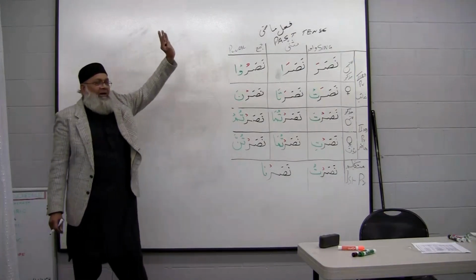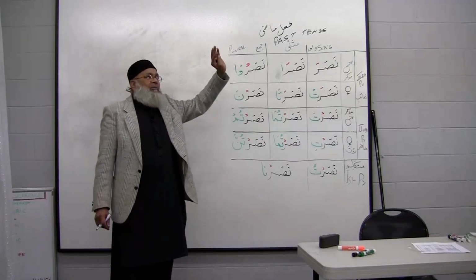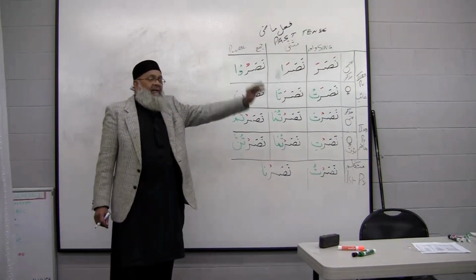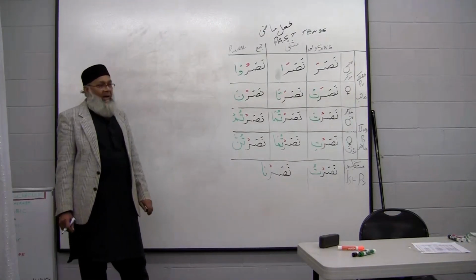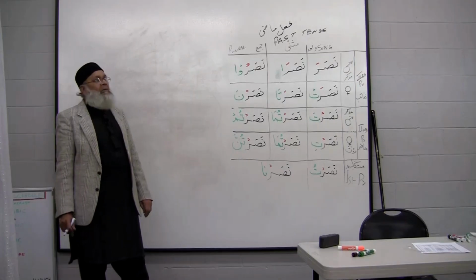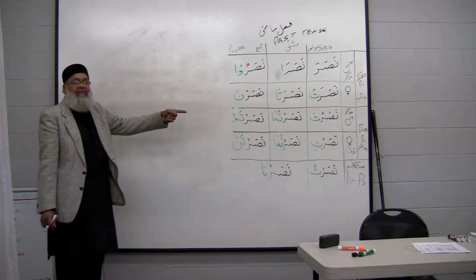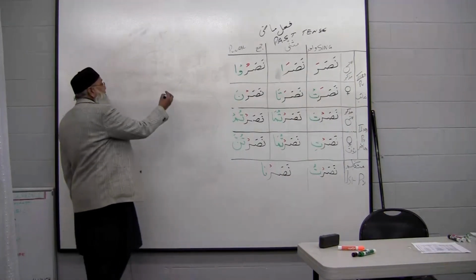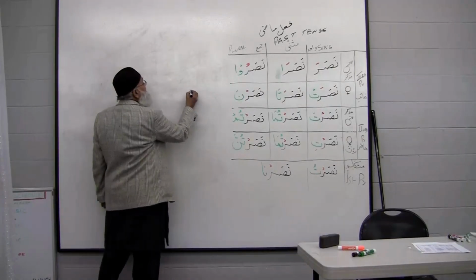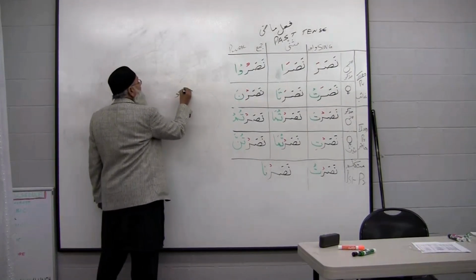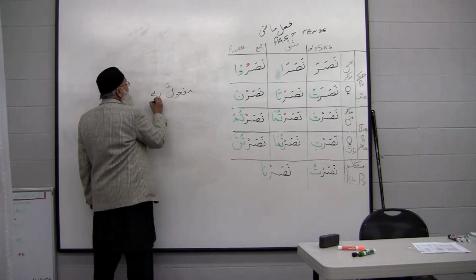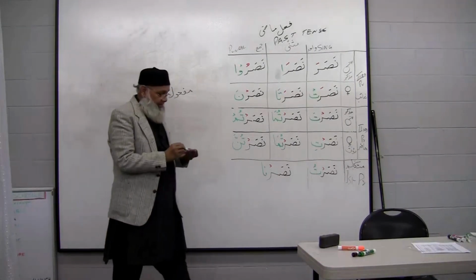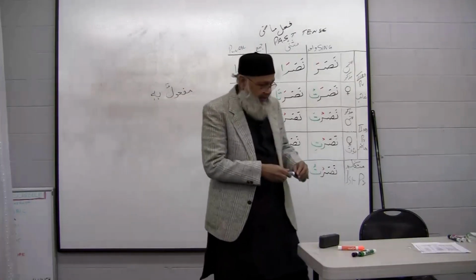So first mansoob was the ism or the mubtada of inna, anna, kanna, then the khabar of ma, kana and ma family, and now the third one is called maf'ulun bihi. This is the classical done upon in Arabic.